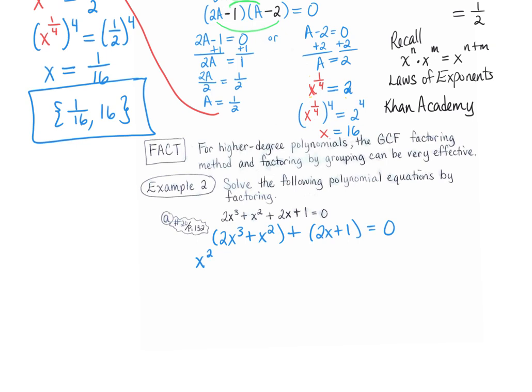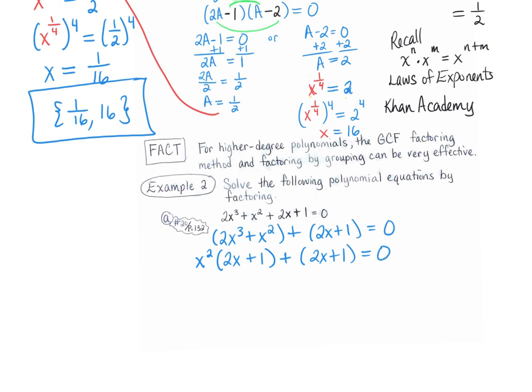So that leaves us x squared times what quantity? 2x plus 1. Everybody agree? Then plus what quantity? 2x plus 1. Yes, equals 0. So look what happened.